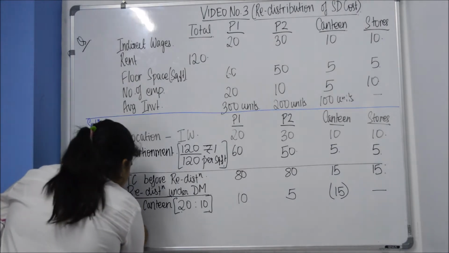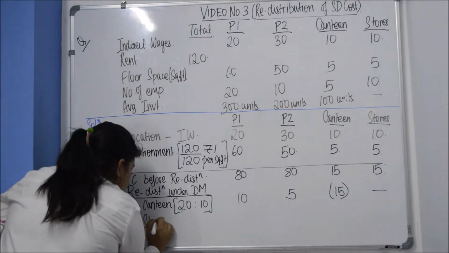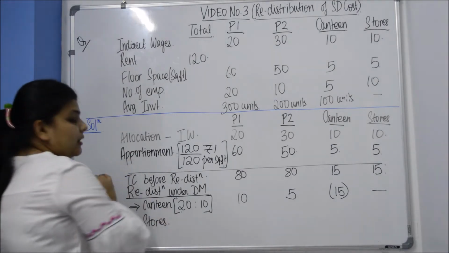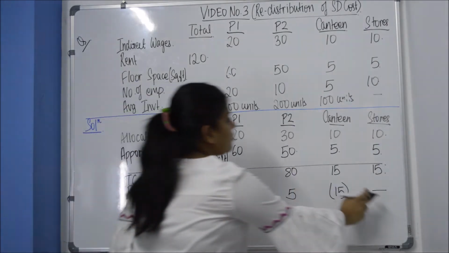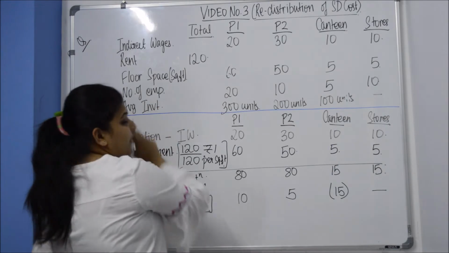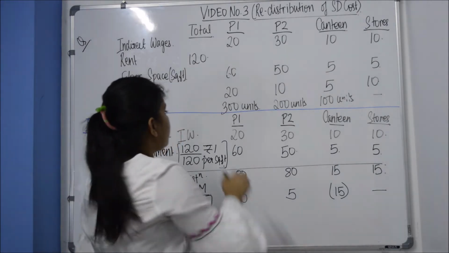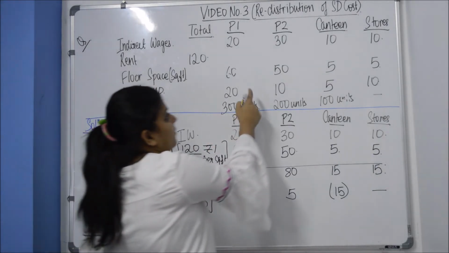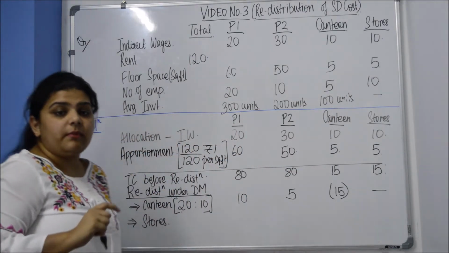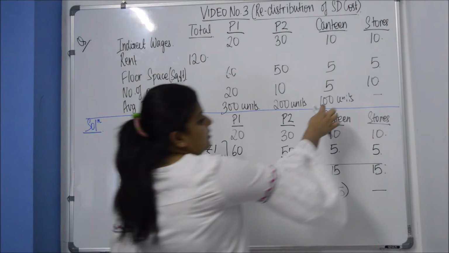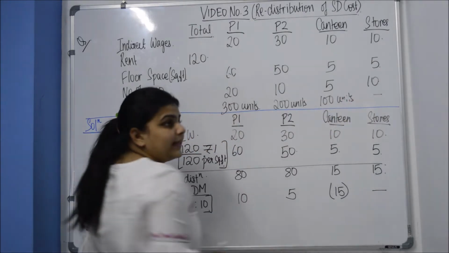Coming back to the stores department. Now what do stores do? Stores keep the inventory with them. So the best basis for distribution of stores would be on the basis of average inventory. Now if you see, average inventory is given for P1, P2 and canteen also. But since we are following the direct method, we will ignore the average inventory of canteen.